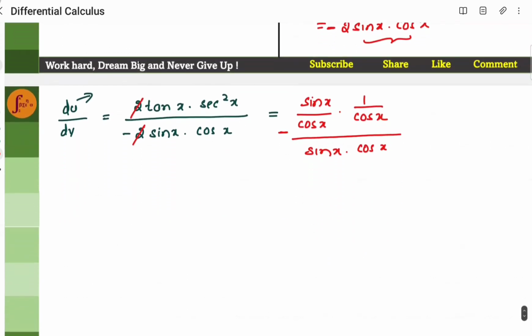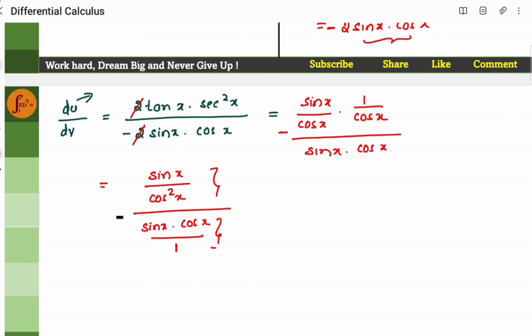This is nothing but sin x by cos square x, by sin x into cos x. So I can assume that there is a 1 here. So there are two fractions here. If I take this on top, it will become a reciprocal. So it will become sin x by cos square x into the reciprocal of 1 by sin x into cos x.